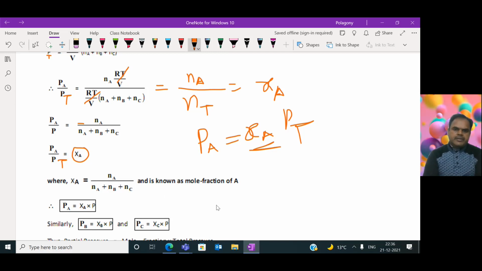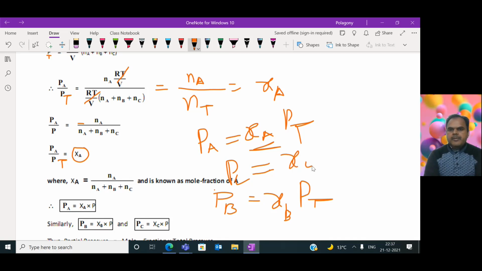Similarly, we can write the equation: the partial pressure of the B component, PB, is equal to its mole fraction XB multiplied by P total. And similarly the partial pressure of the C component, PC, is equal to its mole fraction XC multiplied by P total.